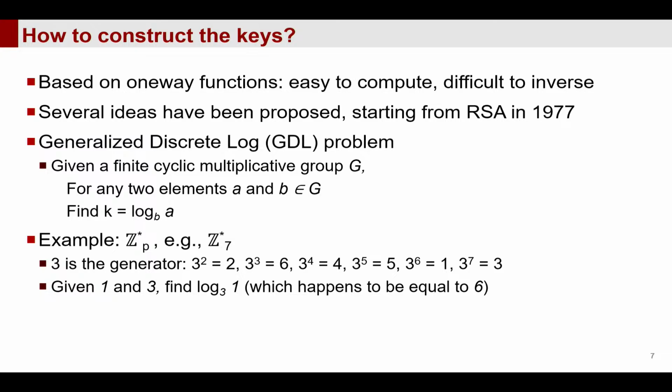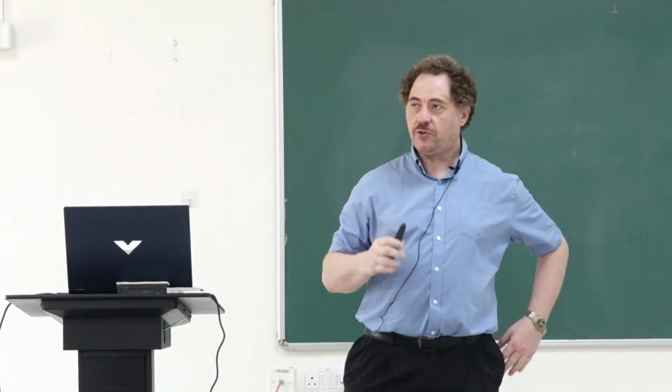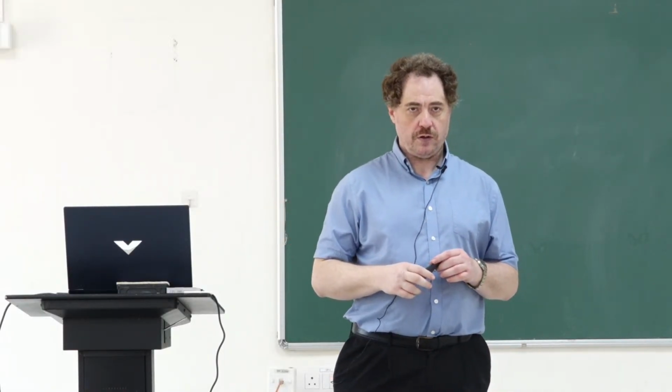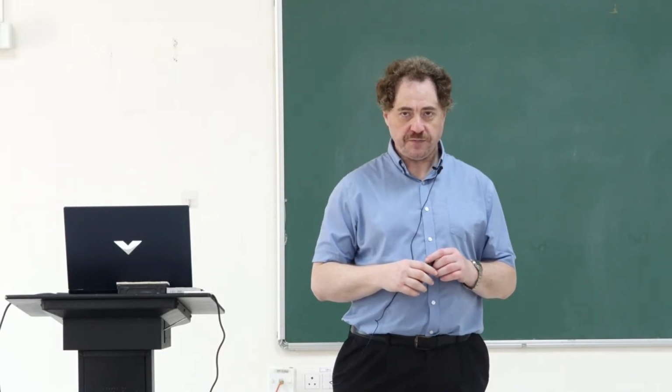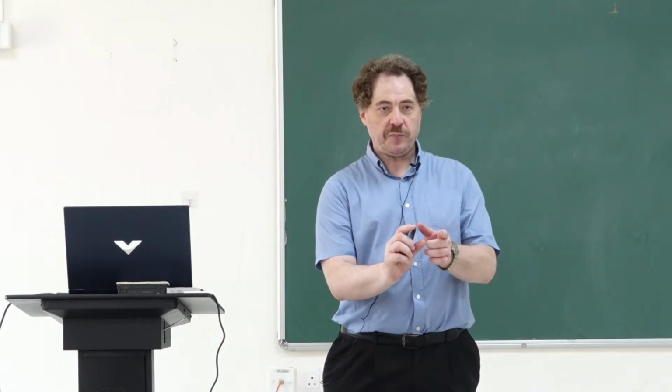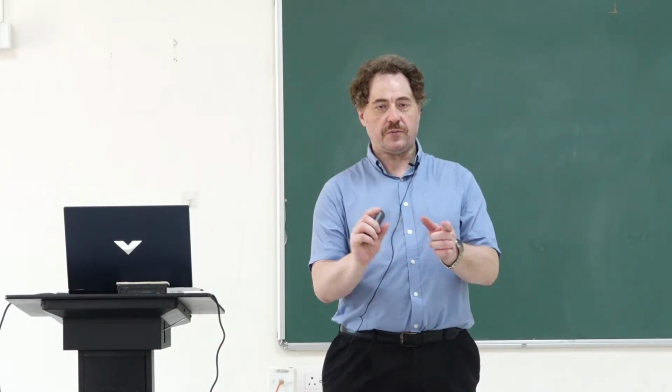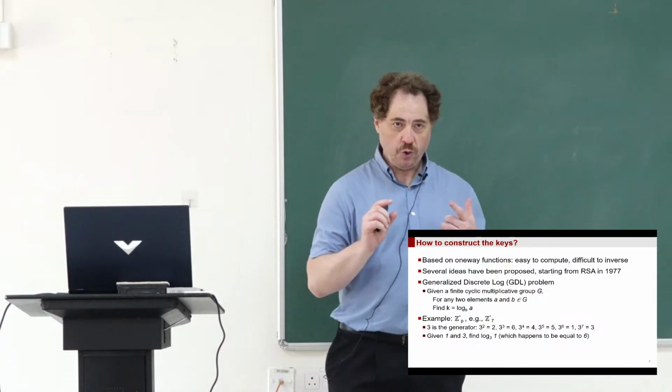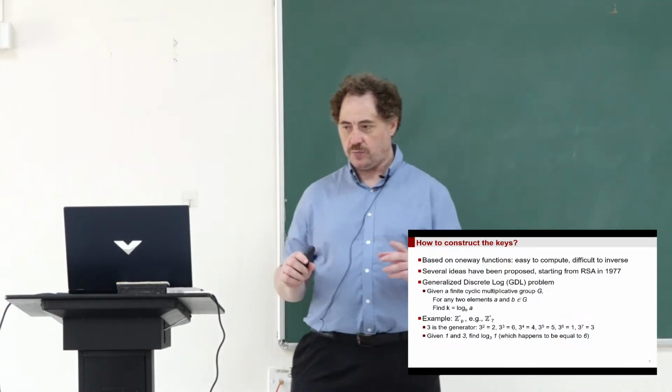Let's take the group of 7, and take 3 and 4. 3 times 4 is 12, but we compute the remainder modulo 7, so it would be 5. The multiplication of 3 and 4 is 5 in this group.